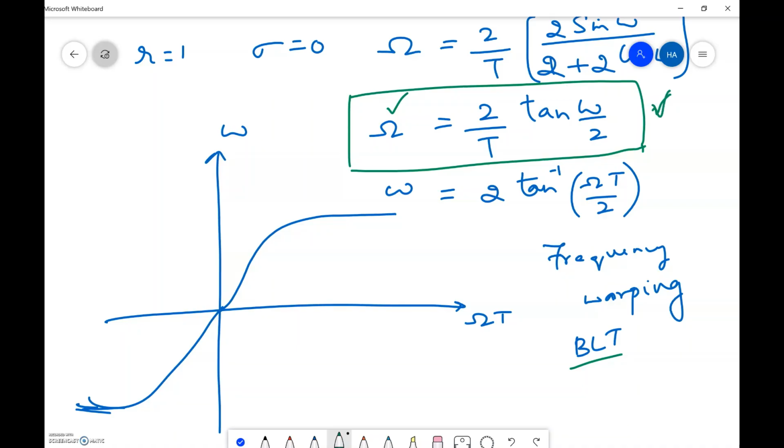This step of converting the digital frequencies into analog is called the pre-warping step. So we pre-warp the frequencies before we design the analog filter, and then when you apply the bilinear transformation to obtain the digital filter, the warping effect gets nullified and the frequencies will be placed properly. Okay, so this is the bilinear transformation to convert an analog filter into a digital filter.